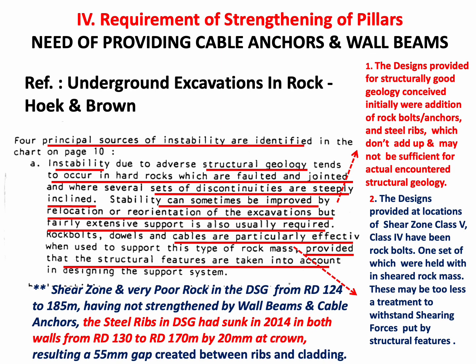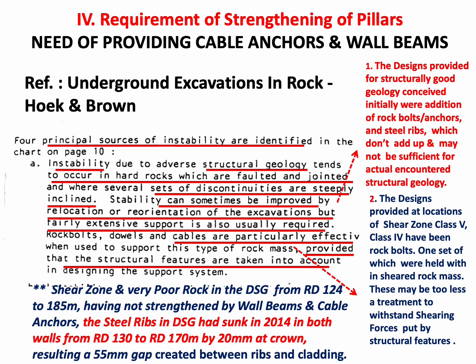The designs provided for structurally good geology, conceived initially in 2010, were rock bolts, anchors and steel ribs, which don't add up and may not be sufficient for the actual encountered structural geology.